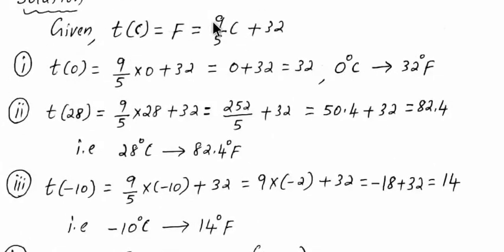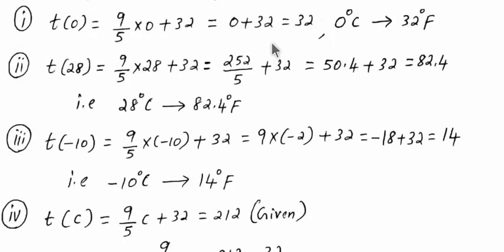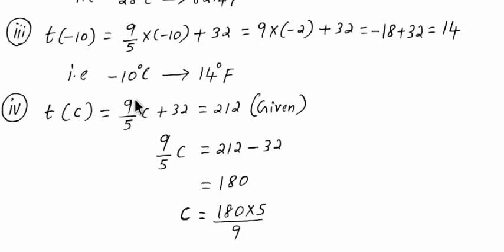T of C is 9 by 5 C plus 32, which is equal to 212. Find out Celsius. Then simplify.